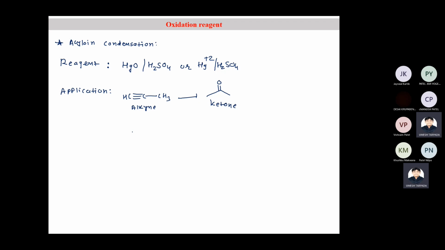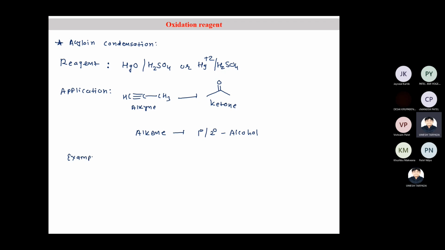This is one of the applications. If an alkene is there, then the alkene is converted to a primary or secondary alcohol. So this is its application.